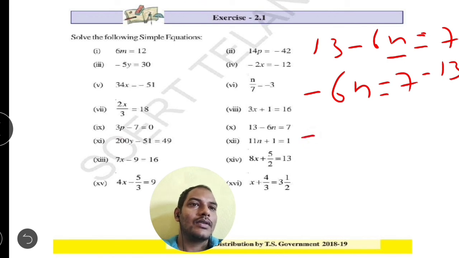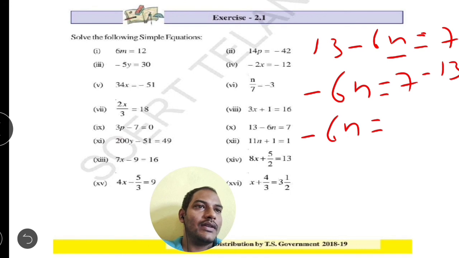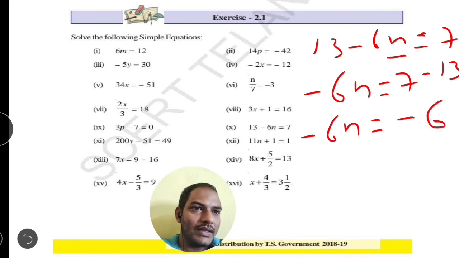Okay. So now minus 6n equals 7 minus 13, how much? How much children? Yes, minus 6. Okay. So now minus 6n means minus 6 into n.